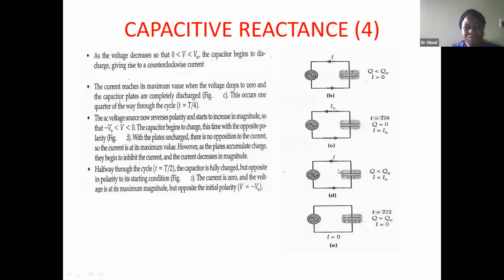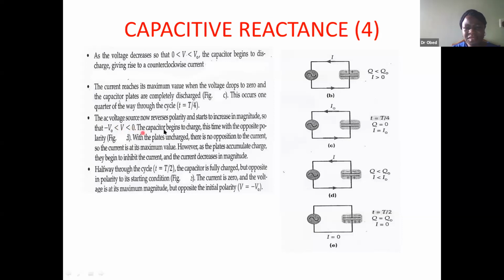So we were here. Let me pick my highlighter. Okay, fine. So for this circuit, the AC voltage source now reverses polarity and starts to increase in magnitude so that V is greater than minus V naught, but less than 0.